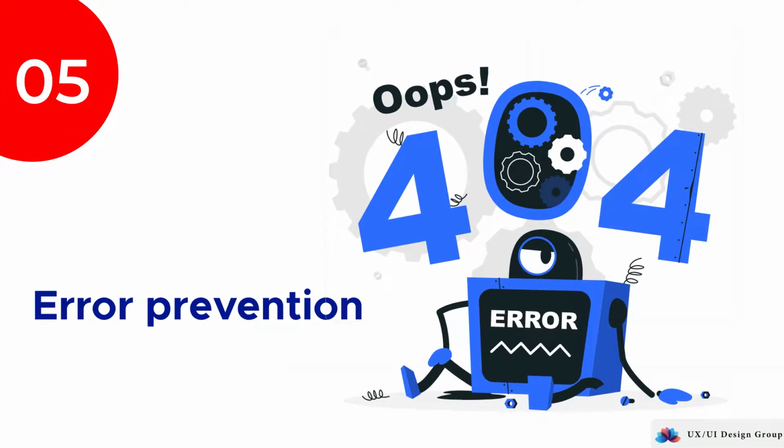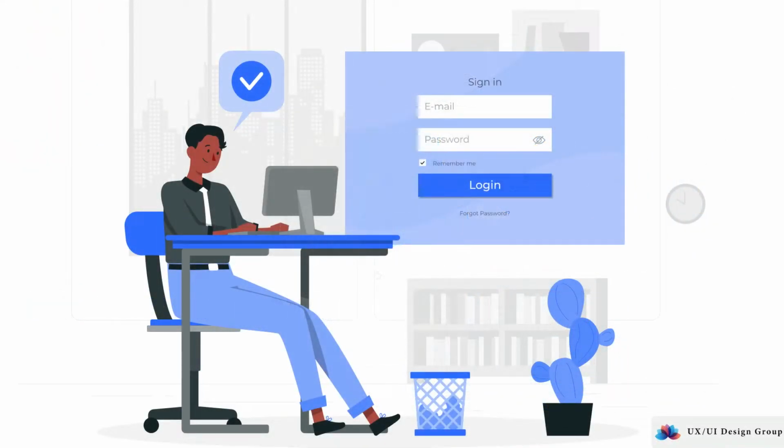So what is error prevention? Error prevention means your application or web app should be designed so carefully that it prevents a user from a problem before it occurs in the first place. Let's understand better with a very simple example. Let us assume a login screen.